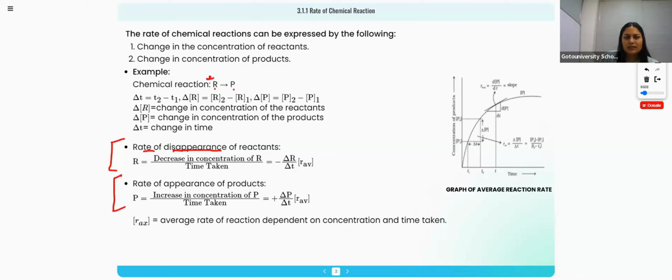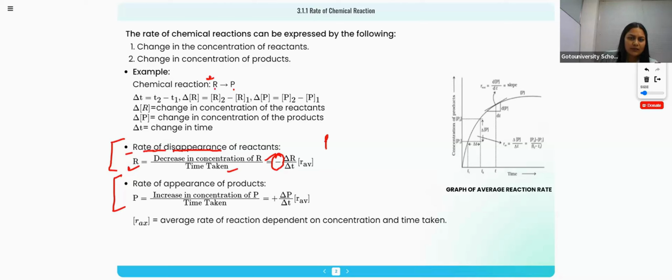The reactants will get completely consumed to form a product, right? So the rate of disappearance of reactants is calculated as the decrease in concentration of reactants over the time taken, and it will always be a negative value.